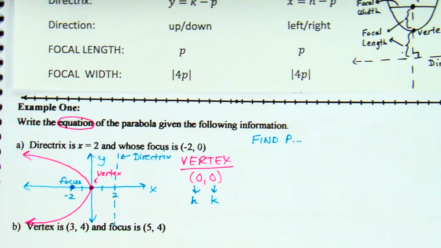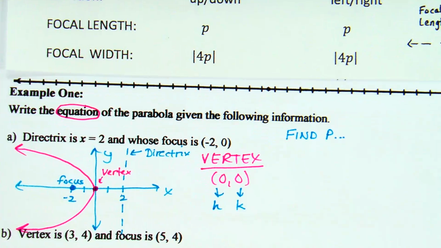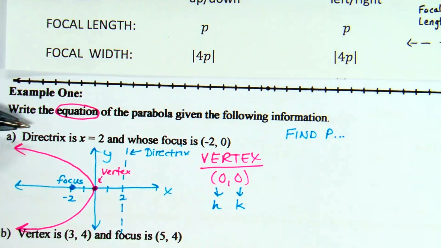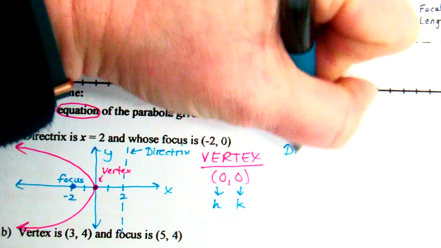What were we originally given? You're originally given our directrix, yes? And I'm not ever going to argue there's only one way to find p here, okay? So if you find p a different way, that's fine. But I'm going to suggest that we use the directrix.